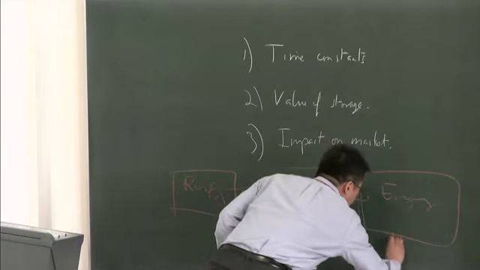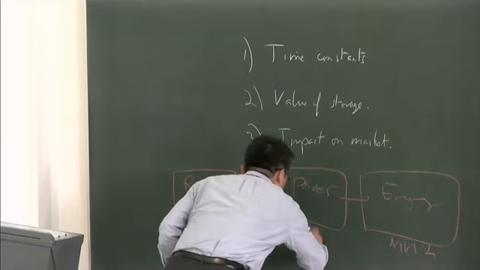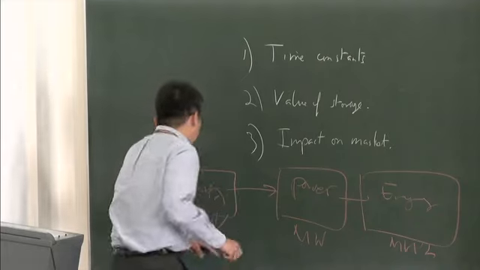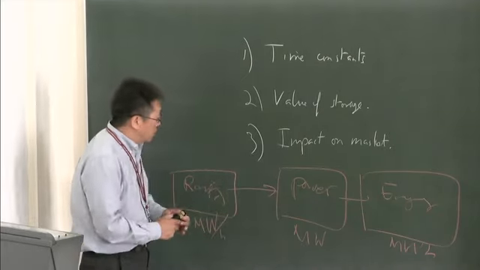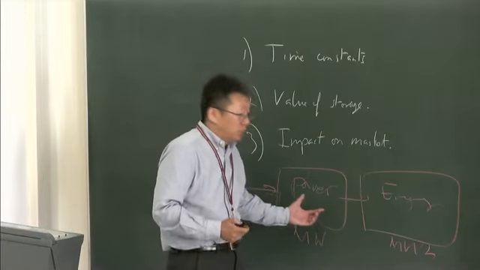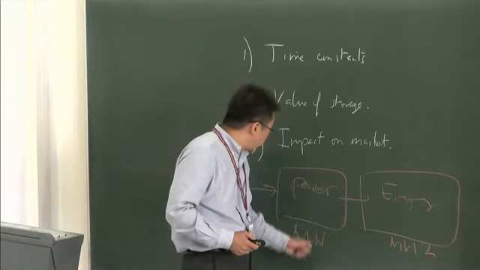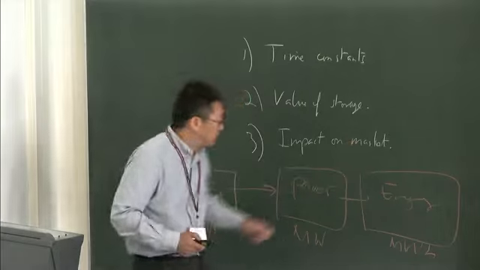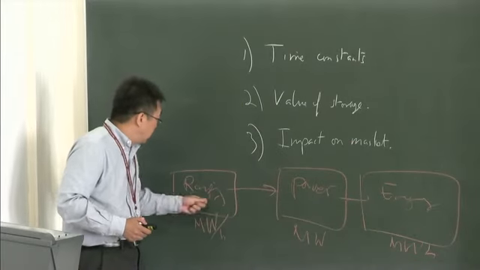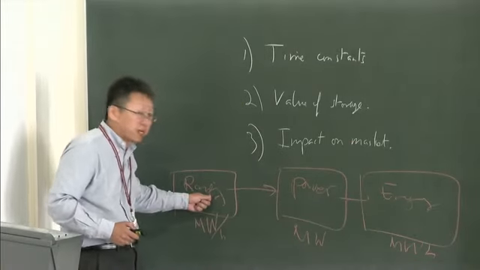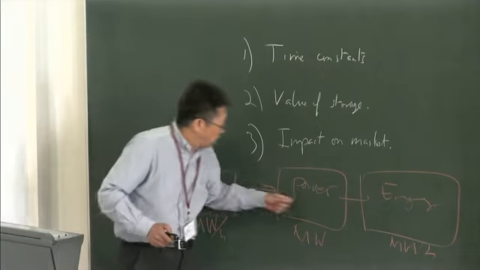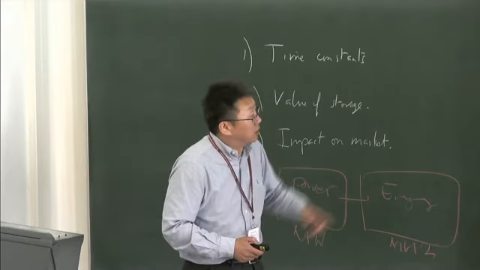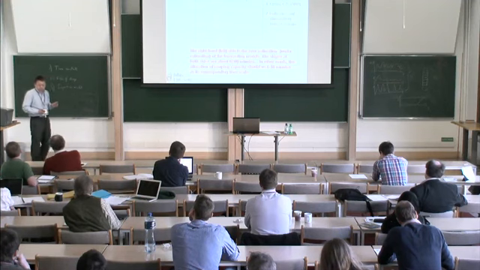They each have units of megawatt-hour, megawatt, and megawatt divided by hour or by second, doesn't matter. So really the trade-off between power and energy can be captured by the leaky bucket. In the same way, the trade-off between the ramping capability and the power can also be captured by the leaky bucket.